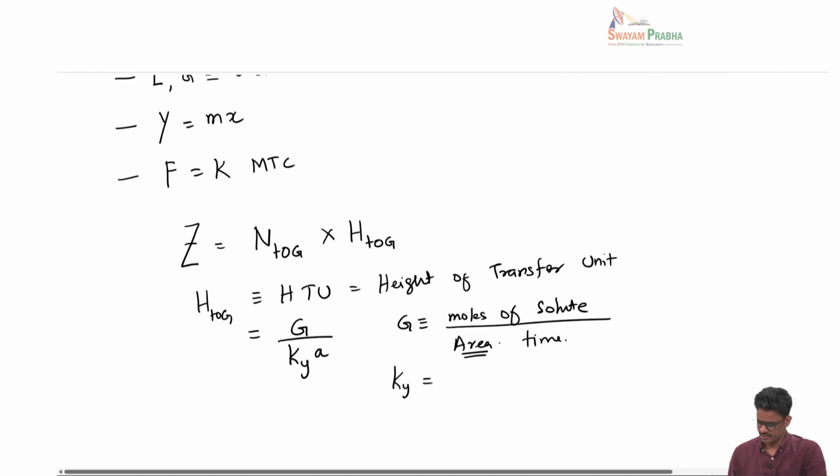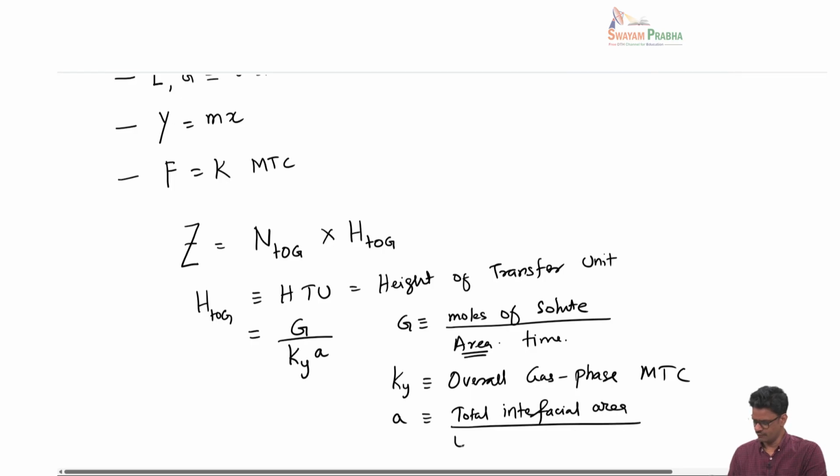KY is the overall gas phase mass transfer coefficient, and A is the interfacial area available for the mass transfer, which is a characteristic of the packing material. Total interfacial area per unit volume of packing.